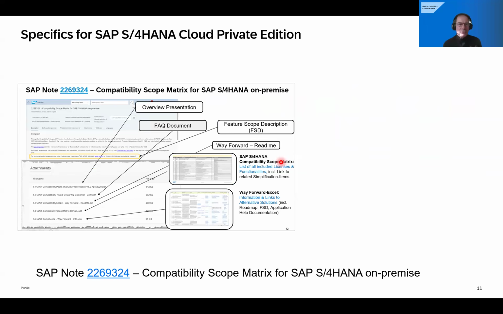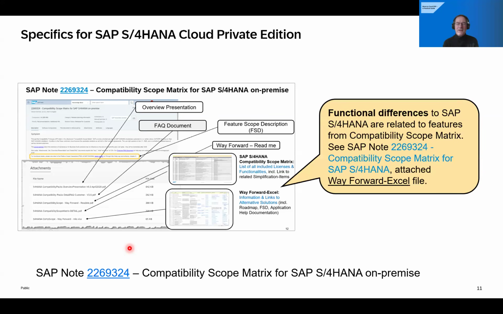Then we have the compatibility packs and the compatibility scope matrix. There is an important SAP note that is listed here on the screenshot and down below. This includes the compatibility packs and what is relevant to know. And for us in this session now, targeting the Cloud Private Edition, it's important.